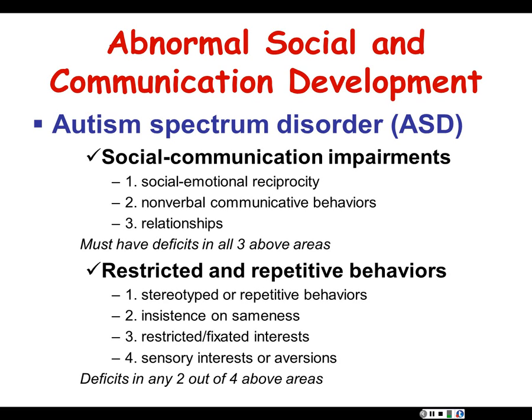They either want to touch everything, or they can't stand having things touch their skin, or it could translate to aversions to certain foods or textures. There's a real variety of different things. You have to have at least 2 of the 4. The typical onset where we start clearly seeing developmental delays in ASD is about 18 months. But most kids aren't actually diagnosed until they're closer to 3 or 4. All right, so I'll stop there.